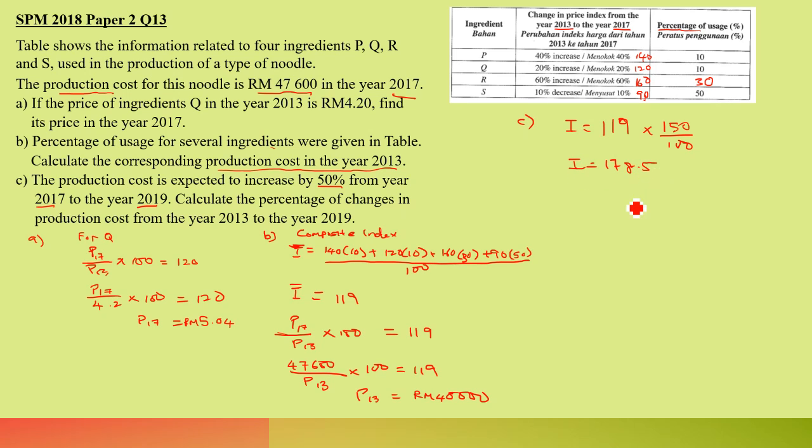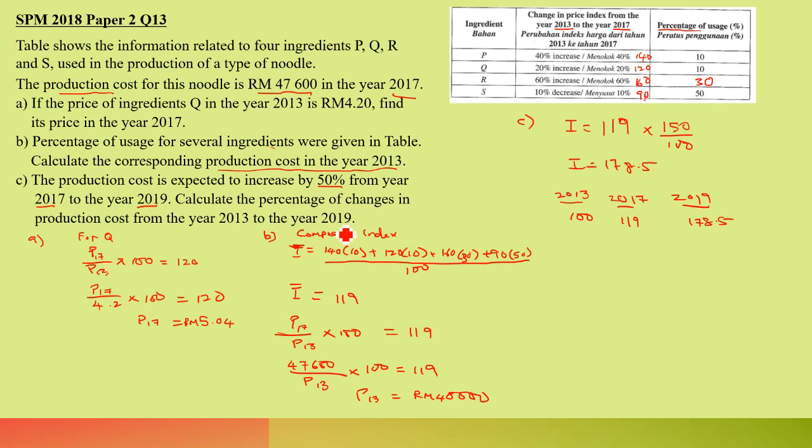So what you see here is from 2013, 2017, and 2019, you have these three pieces of information. 2013 we consider as 100. Then in 2017 it becomes 119. Now in 2019 it becomes 178.5. This is the change that happened. So they ask you to find the percentage of change from 2013 to 2019.